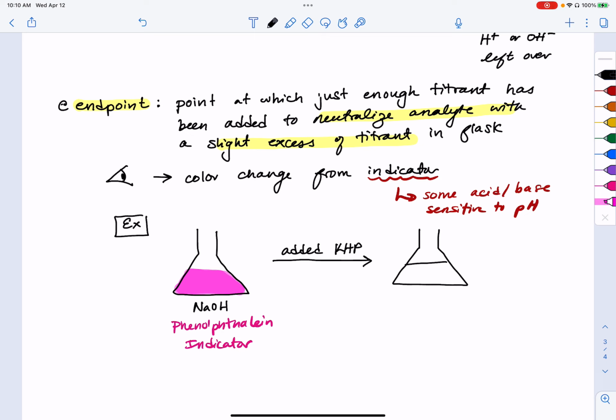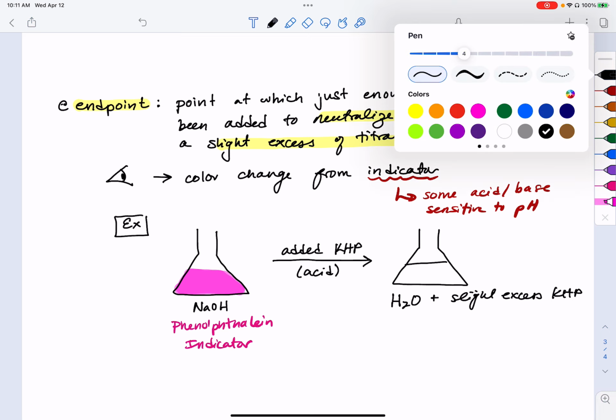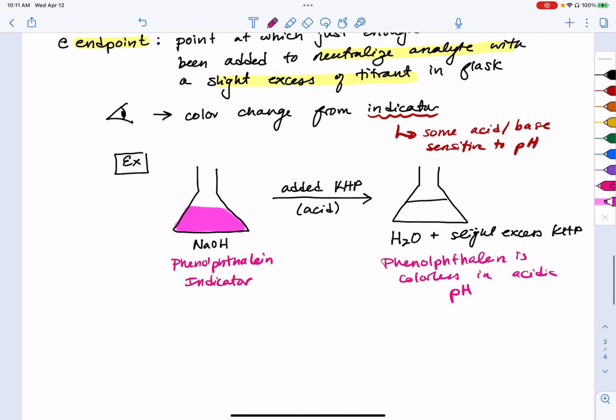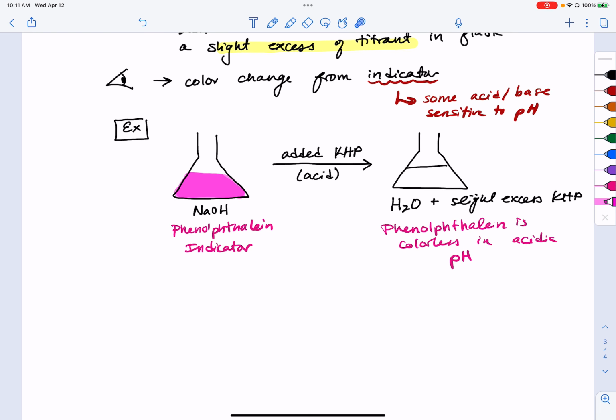This means that we have H2O plus a slight excess of KHP because the indicator, phenolphthalein, is colorless in acidic pHs. So we neutralized plus a little bit extra, which is why we saw that color change.